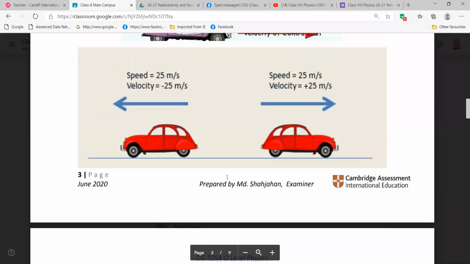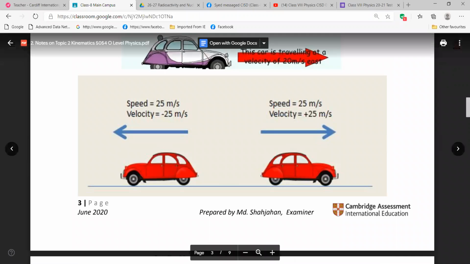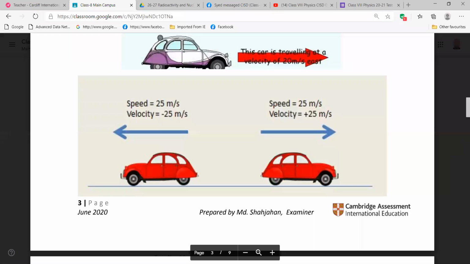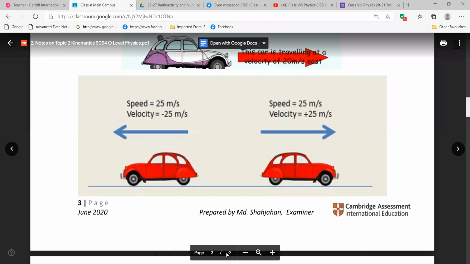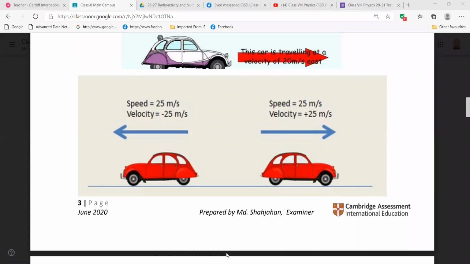Now, Mithila, then we have Azwad, then Abdullah Mayet, Taki, then Tazrila, you are present here. Your test script we did not discuss yesterday.